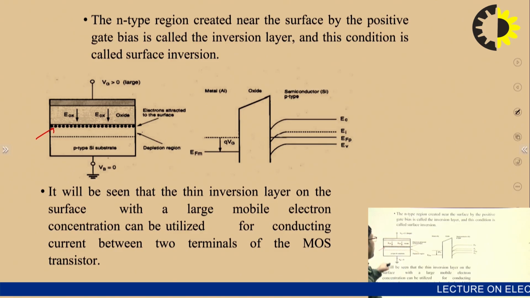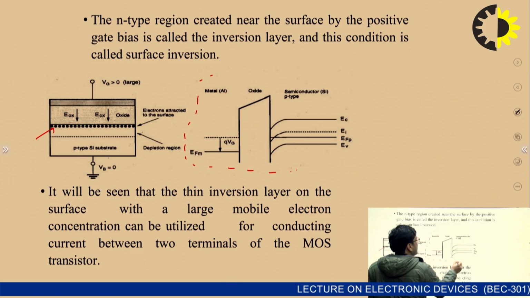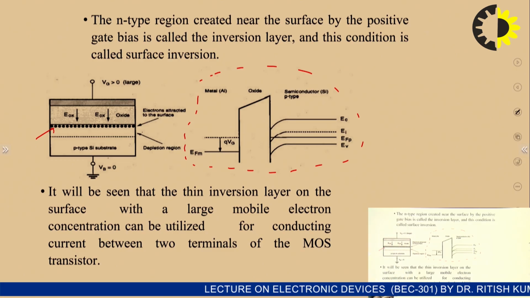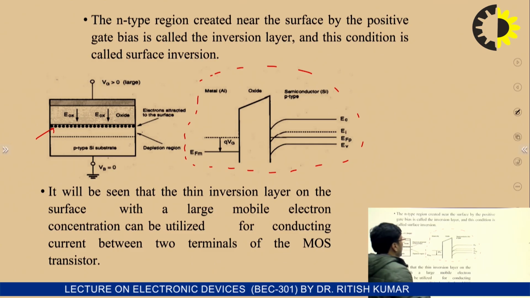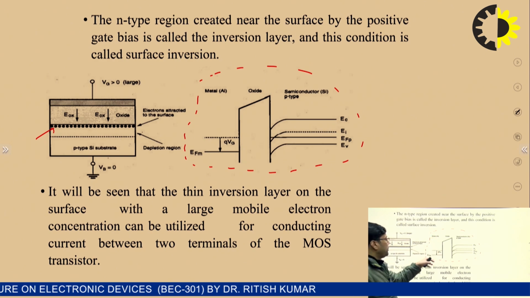If I talk with respect to the energy band diagram, here you can see there is a little bit of change if you increase the gate terminal voltage. You have more shifting of the Fermi level in the downward direction, as compared to the previous case.